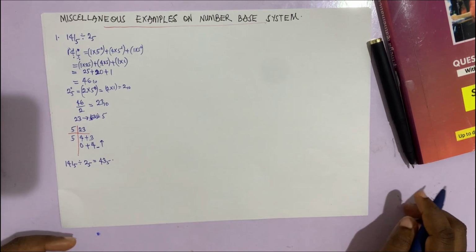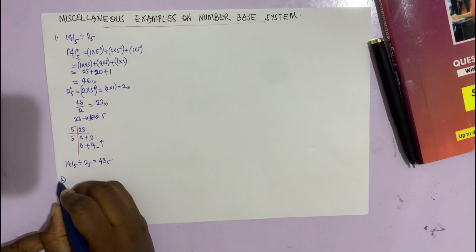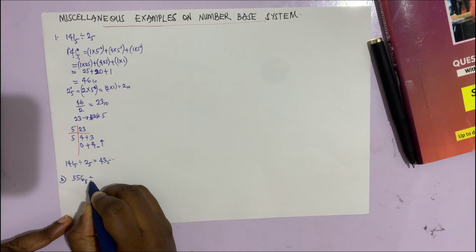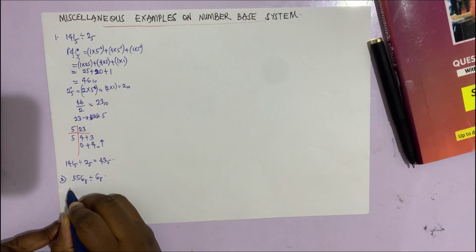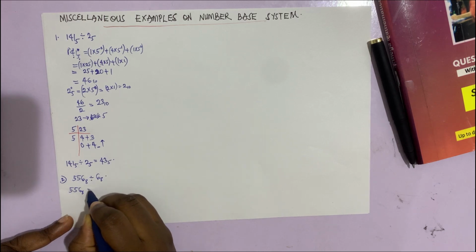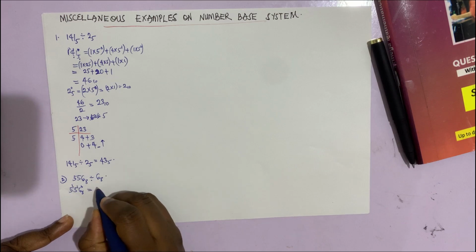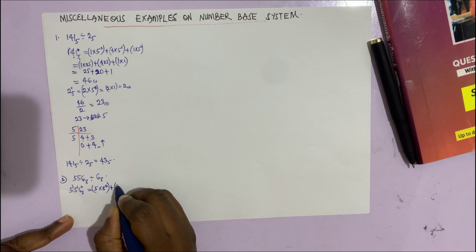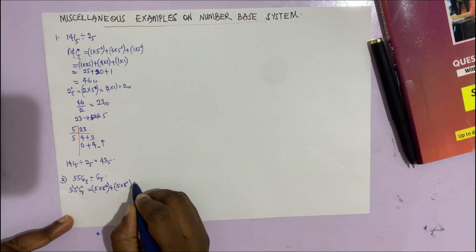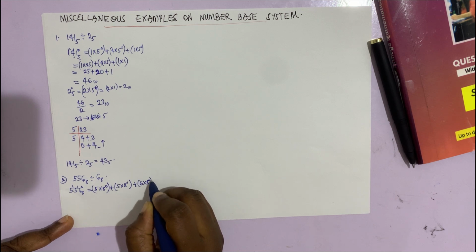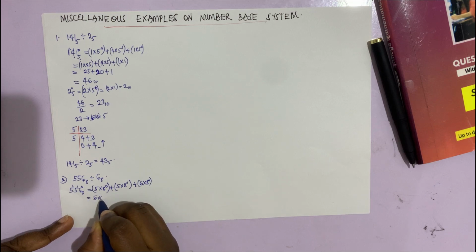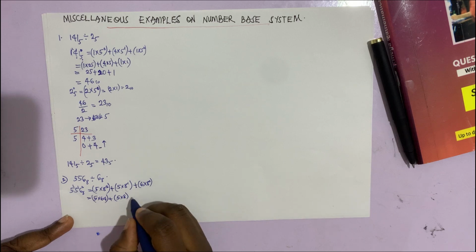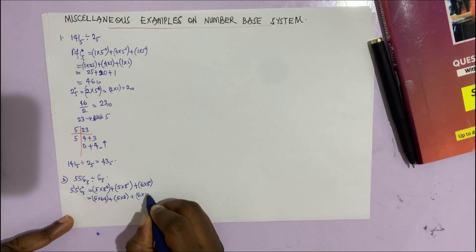For question 2, 556 base 8 divided by 6 base 8. So we convert it to base 10, with indices 0, 1, 2: 5 times 8 raised to the power 2 plus 5 times 8 raised to the power 1 plus 6 times 8 raised to the power 0, is 5 times 64 plus 5 times 8 plus 6 times 1.